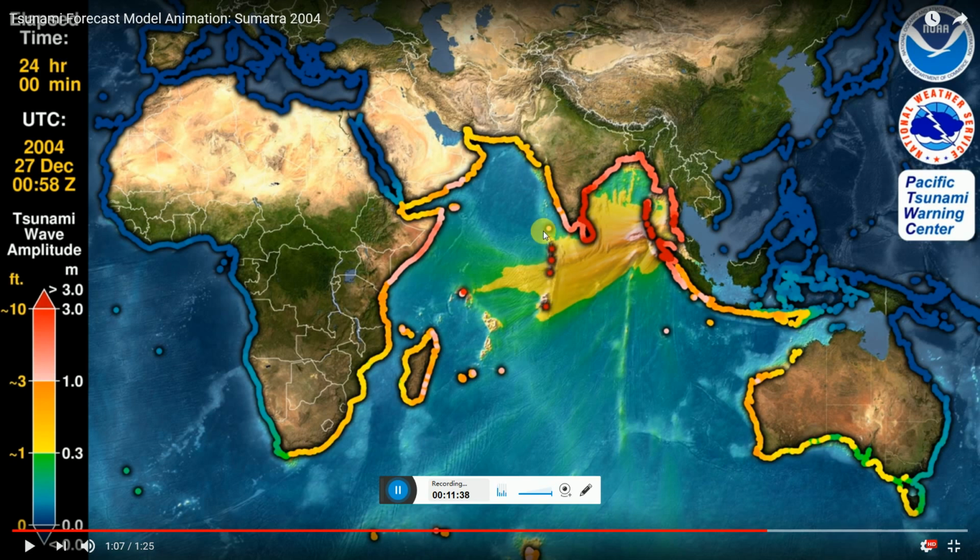Like I said before, if the Maldives didn't exist, Africa and Madagascar would have seen waves close to 10 meters high, while here the waves would have been about 5 meters or so high, while even here the waves could have been up to perhaps a meter or so high.